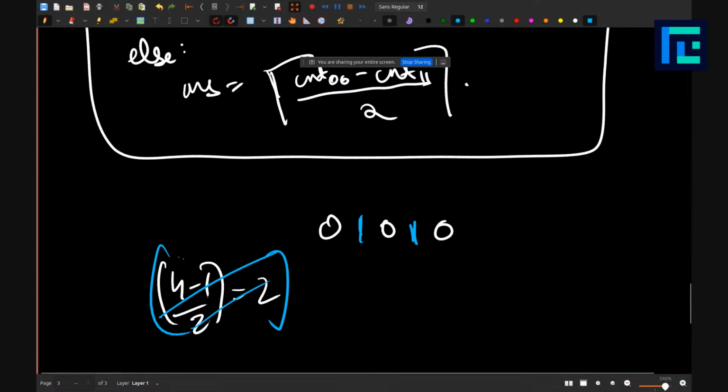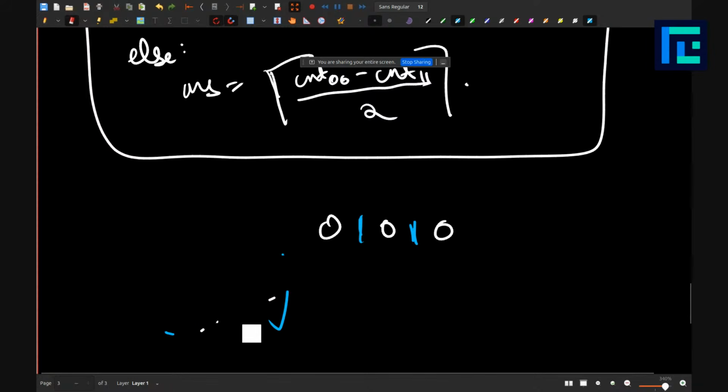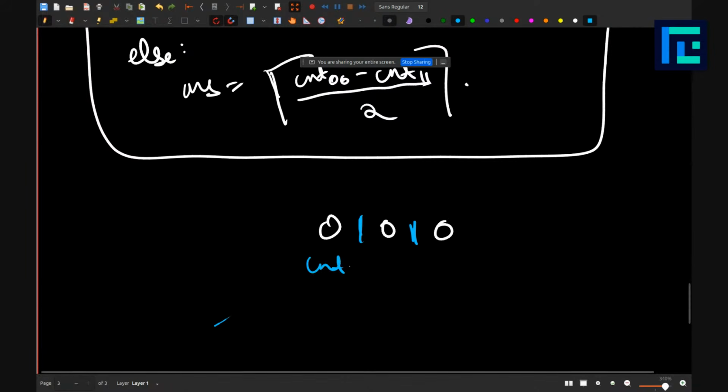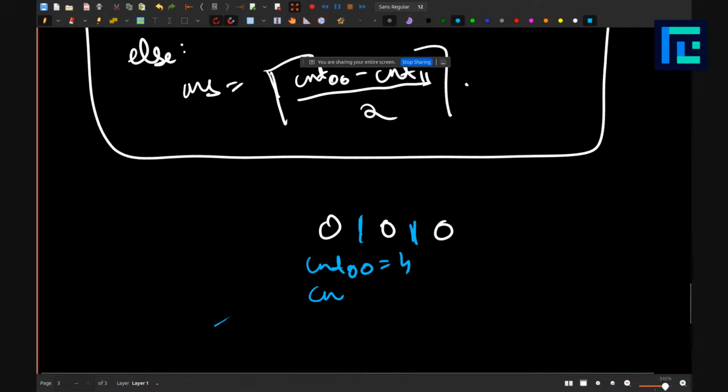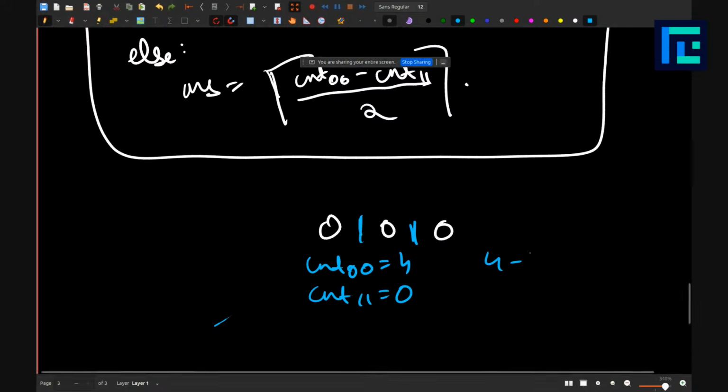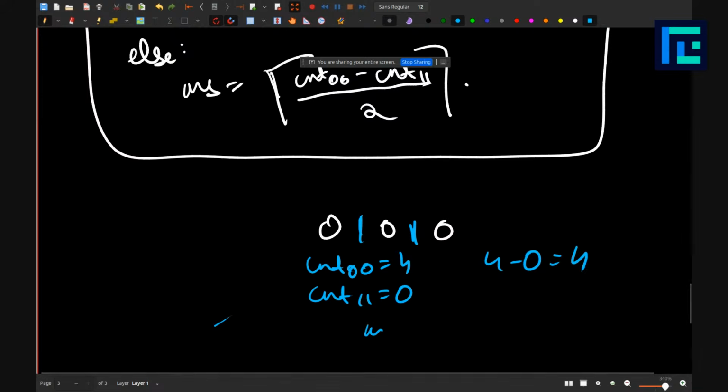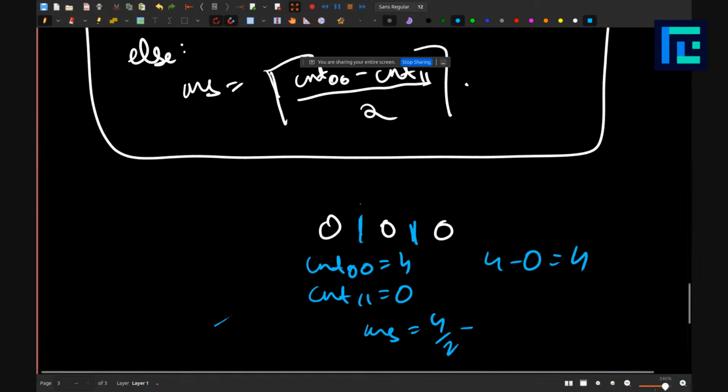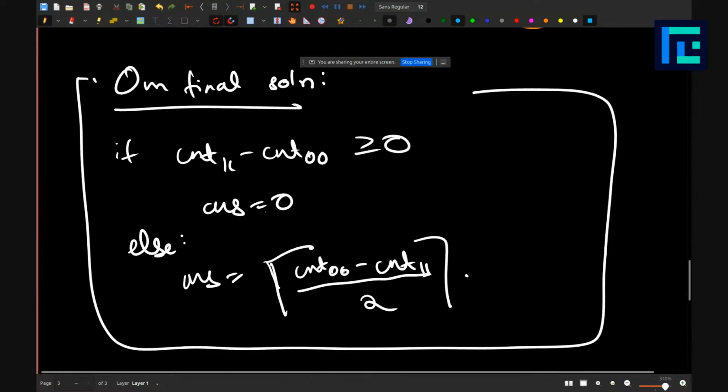That's basically what we're saying, that however much the difference is, count 0 0 is 4, count 1 1 was 0, so 4 minus 0 is 4. So our answer will be actually 4 by 2, right? Because each step we're increasing by 2, so it takes that much time to catch up. So this is our final solution.